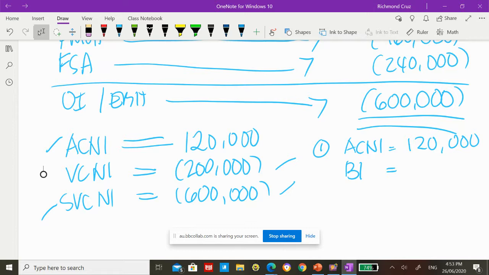But this time, since we are reconciling absorption costing to super variable costing net income, remember that for super variable costing net income, the only product cost recognized is direct materials.